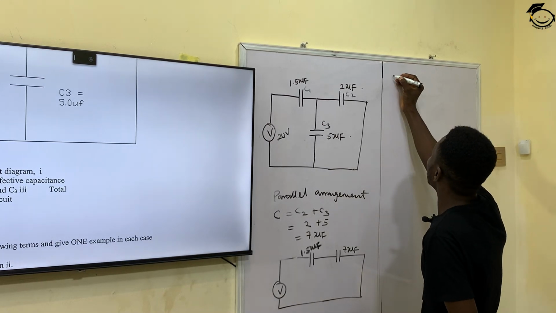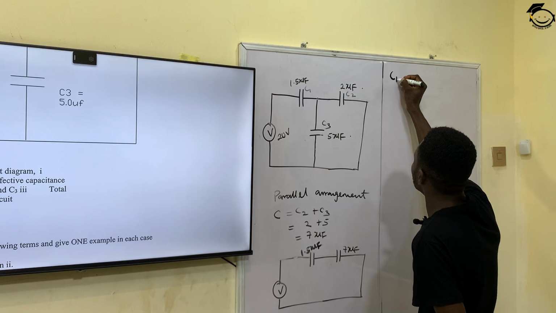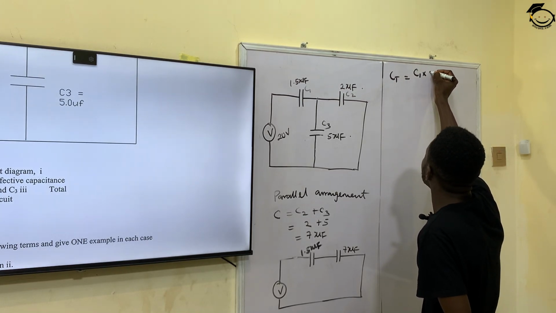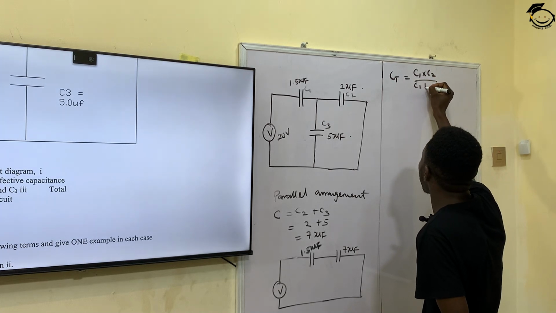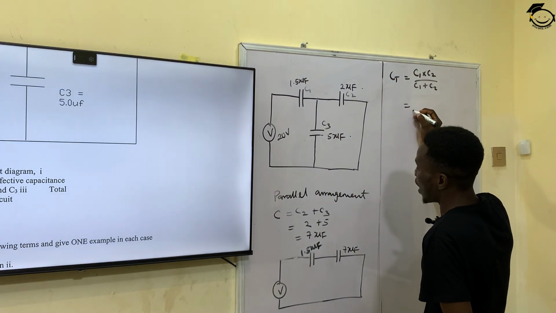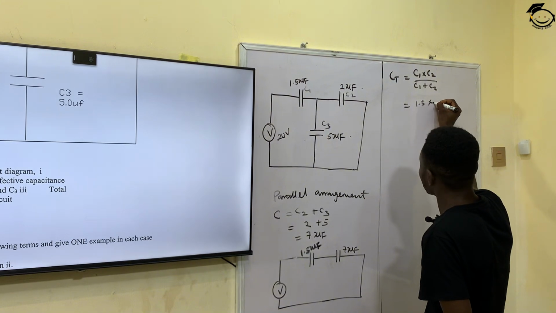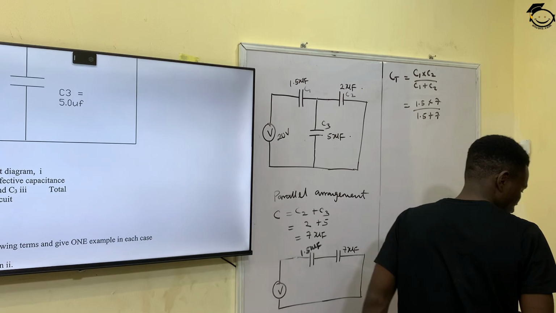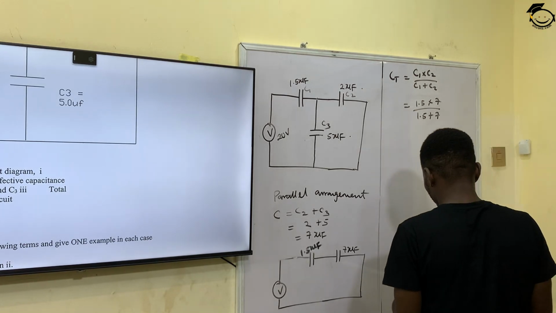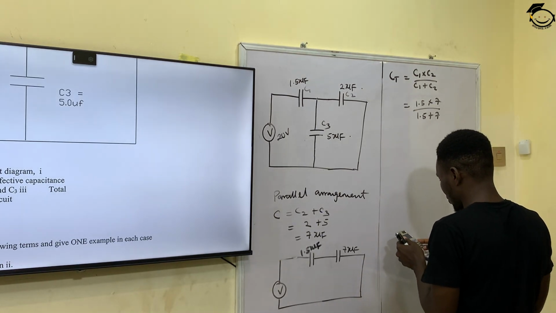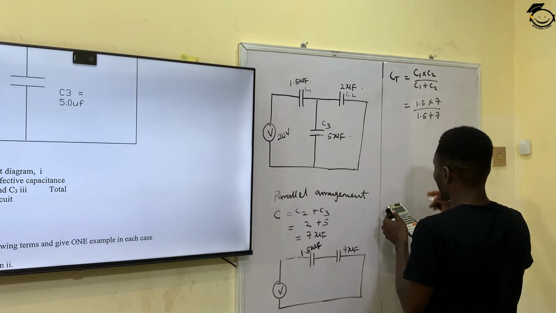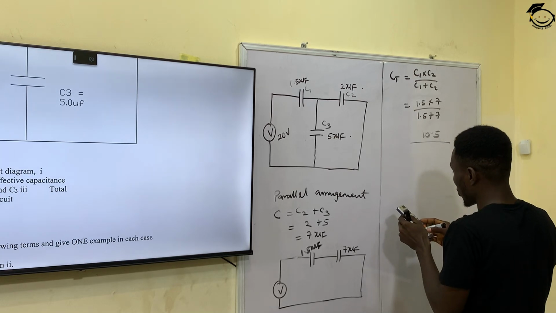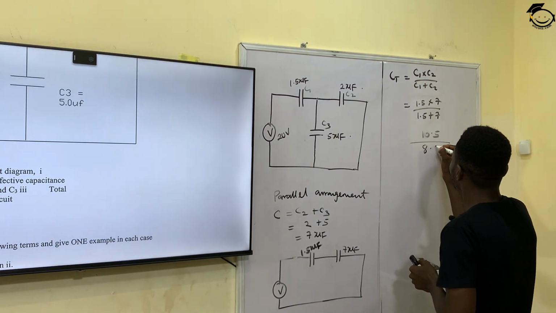So I will now solve this using the series formula, which says my C total is C1 times C2 over C1 plus C2. That means I'll have 1.5 times 7 over 1.5 plus 7. 1.5 times 7 gives me 10.5, over 1.5 plus 7, which gives me 8.5.